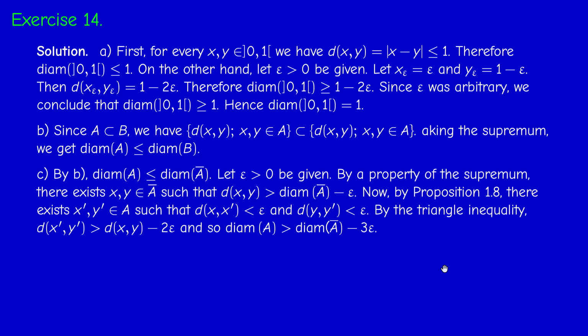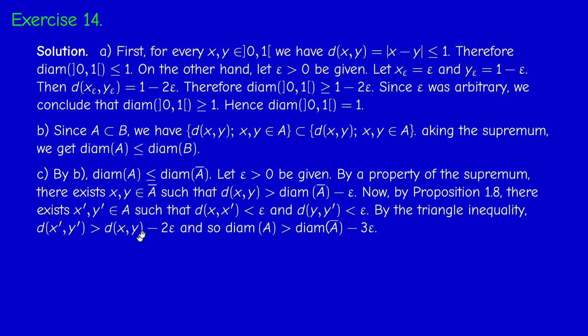Now I just use the triangle inequality. Start from this: d(x, y) is less than or equal to d(x, x prime) plus d(x prime, y prime) plus d(y prime, y). So you get epsilon plus d(x prime, y prime) plus epsilon.